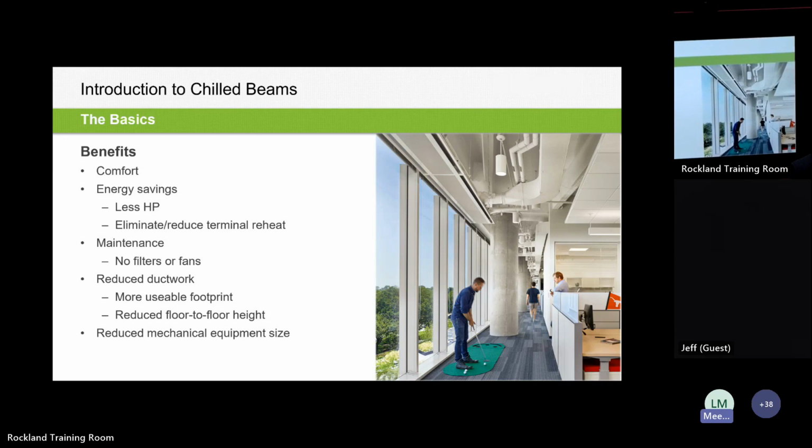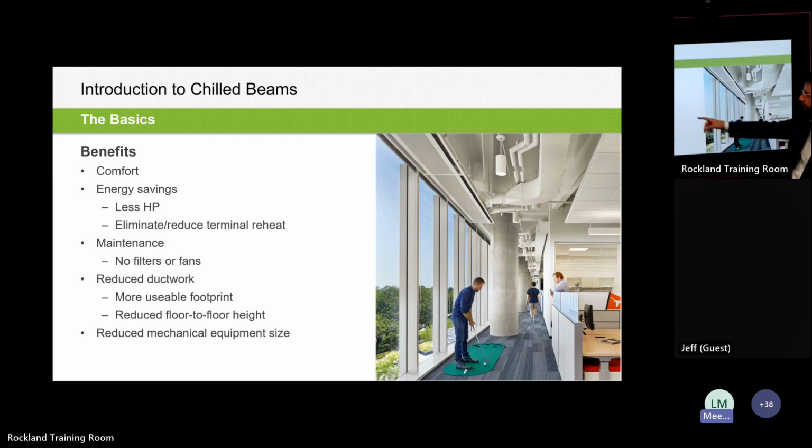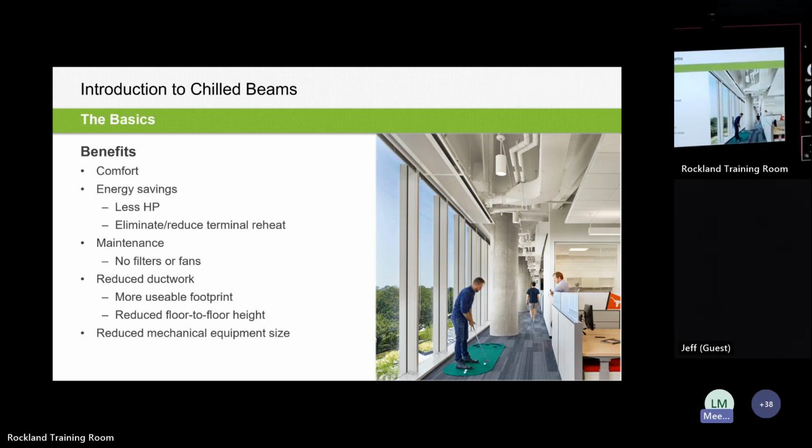So the mixed air and the discharge air temperature is actually warmer than your typical overhead all air system. We get energy savings from less horsepower on the fans because we're reducing the ductwork size and the amount of air that we're moving throughout the building quite substantially in a number of cases, and that can reduce the amount of fan horsepower that we need for the building.